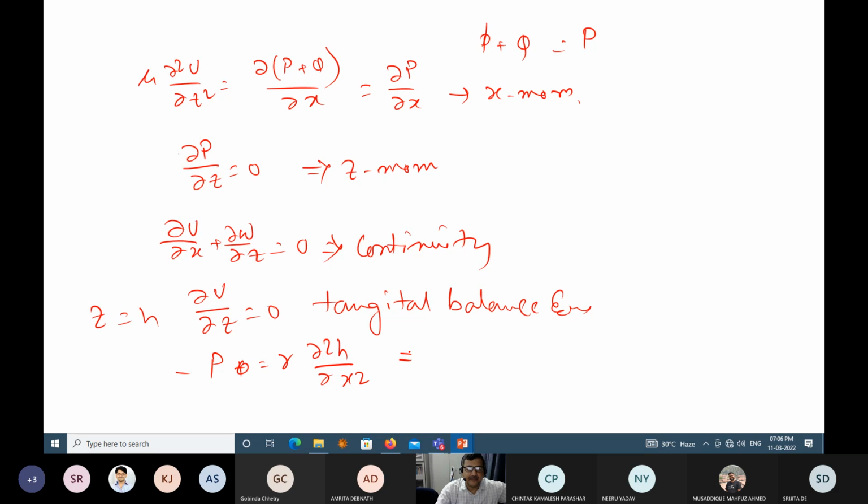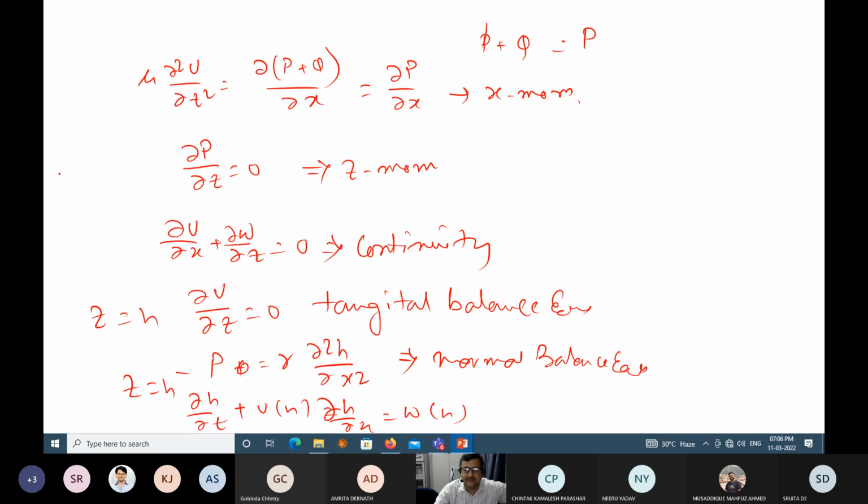This will be my normal balance equation. Then I will have, at Z equal to H, del h by del t plus u at h into del h by del x is equal to w at h. The other boundary condition will be at z equal to 0, u equal to w equal to 0.